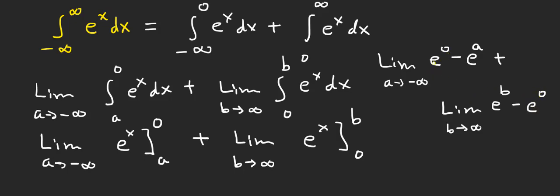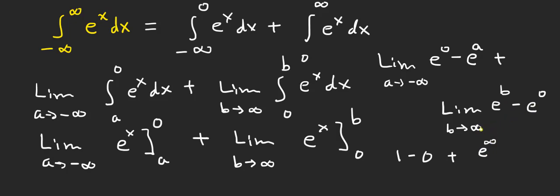So what happens over here? e to the 0 is 1, so 1 minus e to the negative infinity. What happens as a goes to negative infinity? e to the a goes to 0. So you end up getting 1 minus 0. What about over here? As b goes to infinity, that goes to e to the infinity.